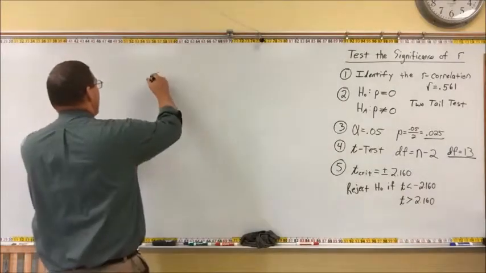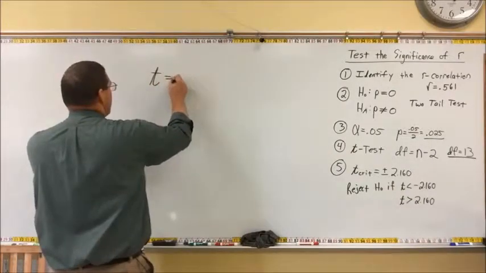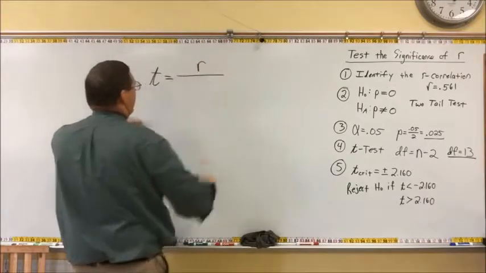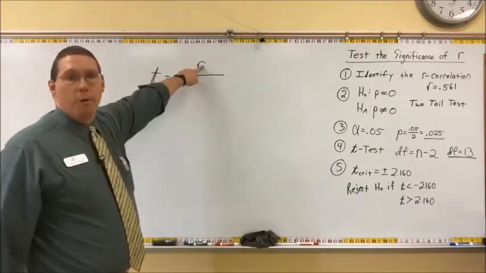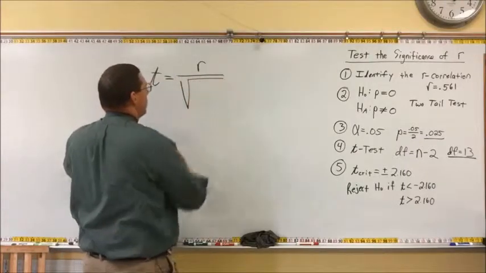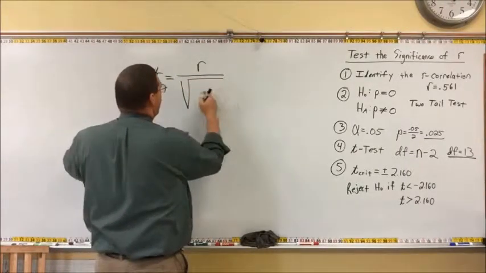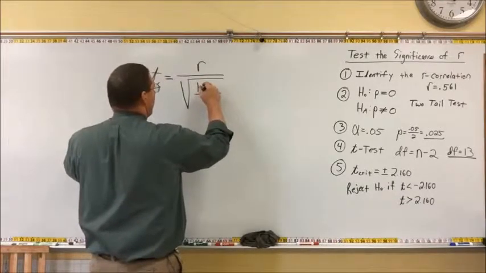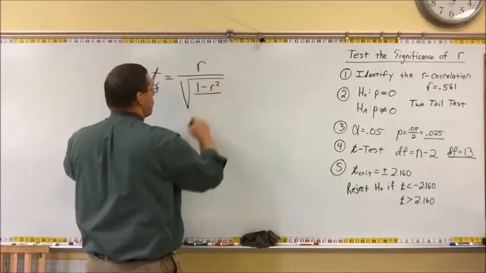And now, the last thing we need is we need to know how to calculate the t statistic. Okay, this one's sort of crazy. So write this one down in your notes. You're going to want to remember this one. The formula for the t is you put r in the numerator, and then in the denominator, you're going to do a big square root. And in that big square root, you're going to have a fraction. And in the numerator, that fraction is 1 minus r squared.